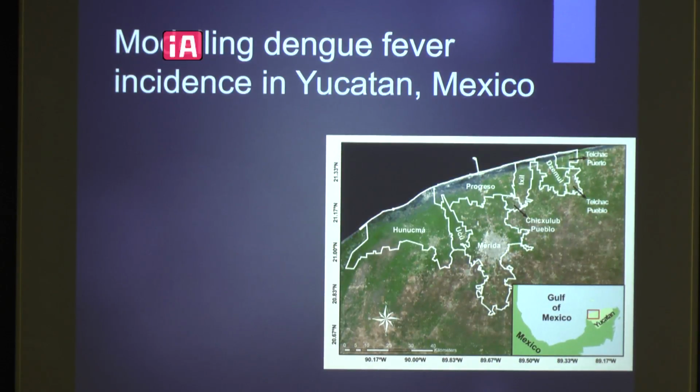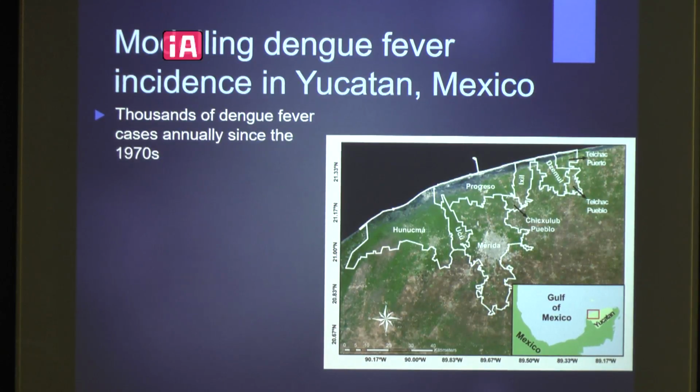For this objective, I look at the northwest coast of the Yucatan Peninsula and I'm working with these 8 municipalities shown here. And for Mexico, thousands of dengue fever cases have been reported annually since the 70s. And this is very true for the rest of the Americas, including some parts of the US.